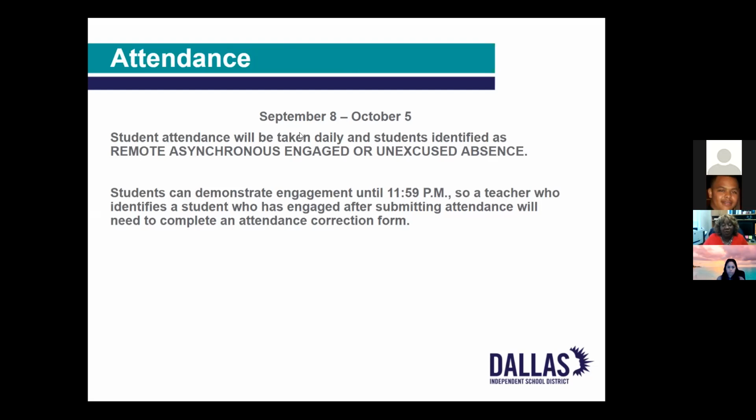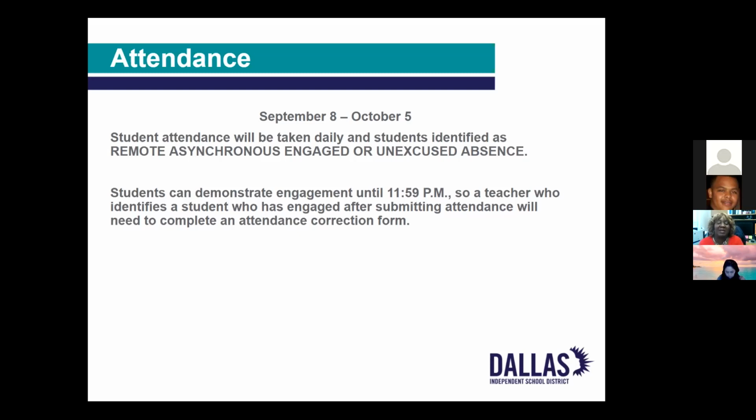Okay, so from September 8th to October 5th, student attendance will be taken daily, and students identified as remote asynchronous or unexcused absence. Students can demonstrate engagement until 11:59 p.m. I'll repeat that. Students can demonstrate engagement. They can turn in assignments, even if they don't check in at that particular time.